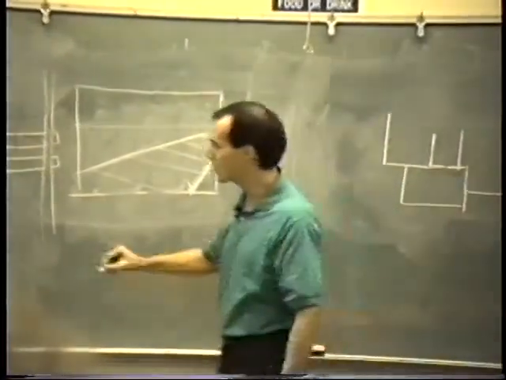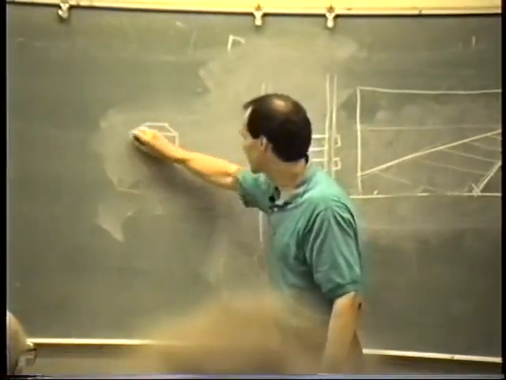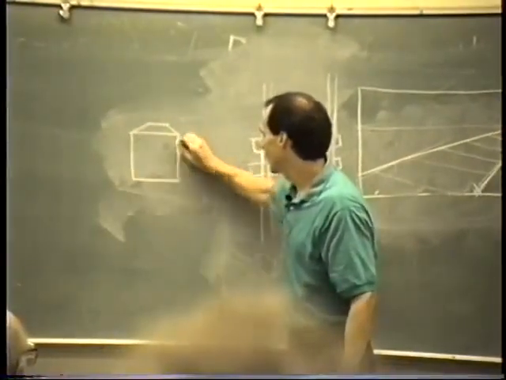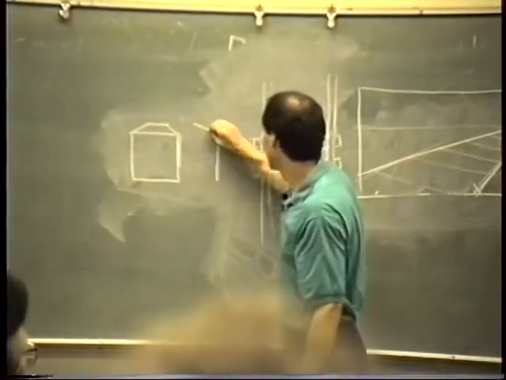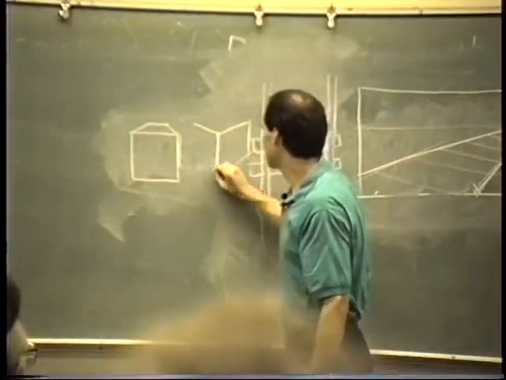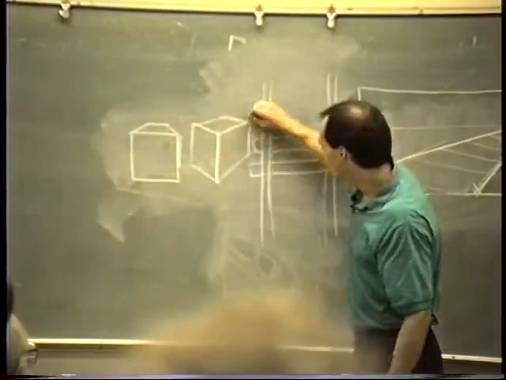As soon as you take this cube, which is sitting in front of you like so, and you turn it so that the corner faces you, now you've got a new set of lines that converge. Do the verticals converge?